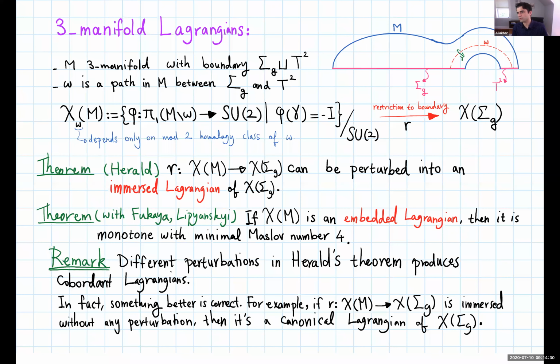But it's not a theorem at this point. It's just an expectation. Kenji has a proposal on how to define these choices of bounding cochains, but there are some analytical issues which need to be resolved in order to get the analog of this theorem.